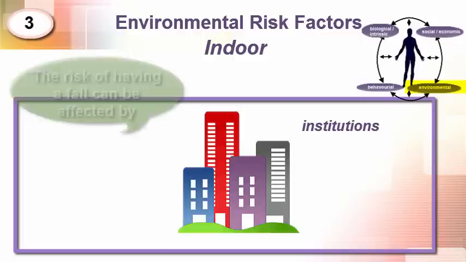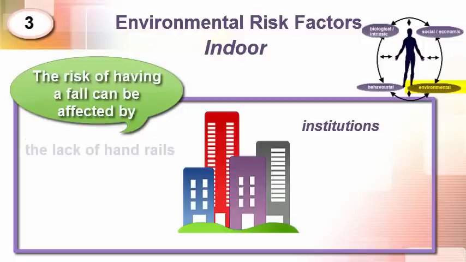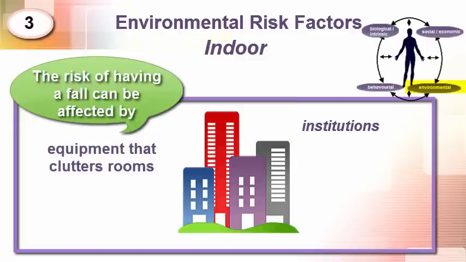For example, the risk of having a fall can be affected by the poor enforcement of safety regulations, the lack of handrails, inaccessible grab bars, slippery floors, the lack of rest areas, equipment that clutters rooms and hallways, and beds that are too high.